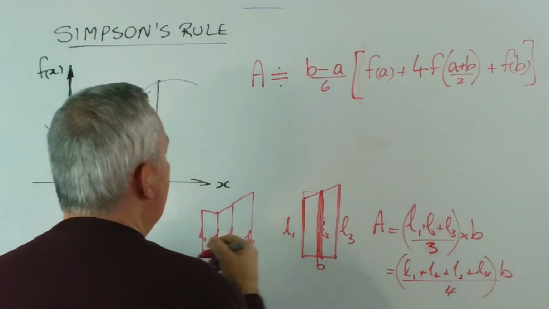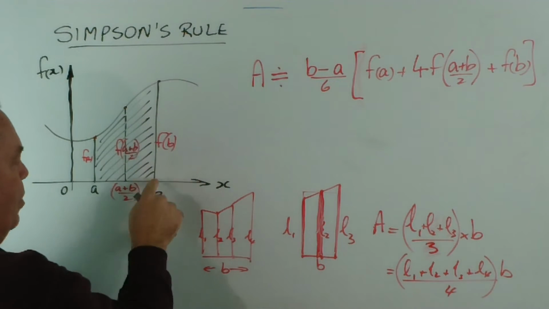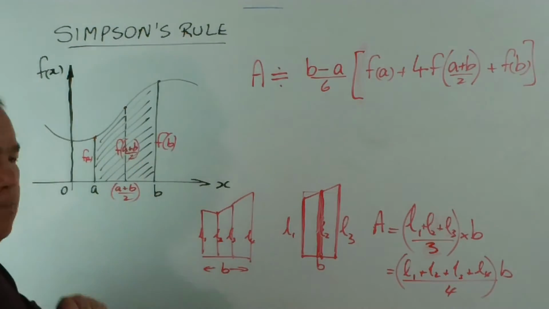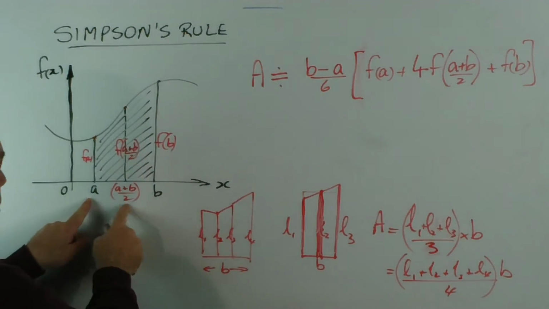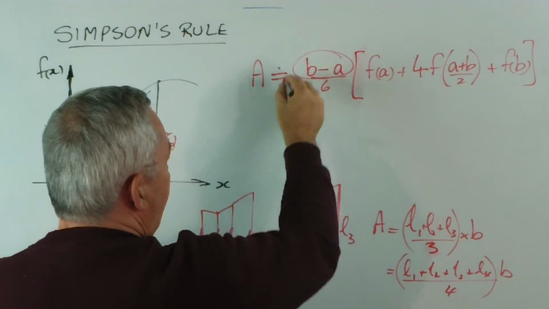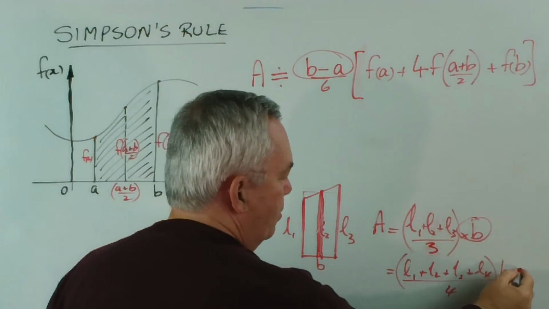And we have a function value here, function value at B. We have 3 lengths. The width is B minus A. There's our width. Corresponds to our breadth here.